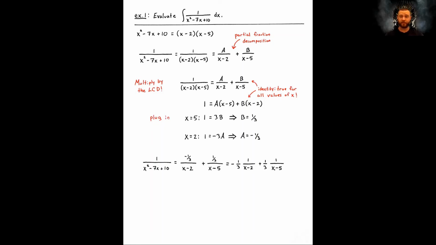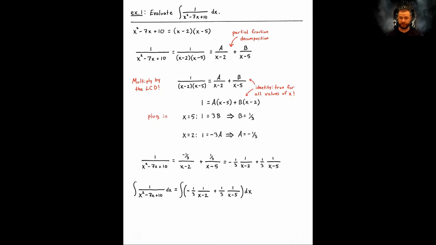Each of those partial fractions integrates to a natural log. So we now rewrite our integral using the partial fraction decomposition. And the integration is very quick from here. It's actually longer to do the algebra than it is to do the calculus. Kind of interesting, right?